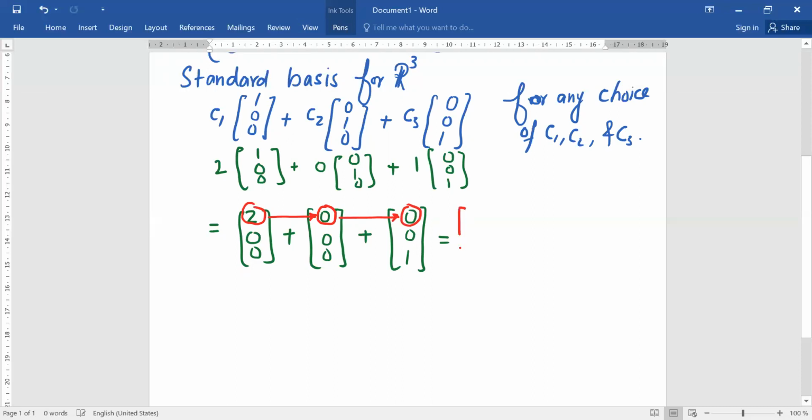From this addition, I will end up with 2 here. Then I will do another addition where I will go from this 0 to this 0 and this 0, so this will become 0. Then I will add this 0 to this 0 and then to this one, and if I do this, I will end up with 1.